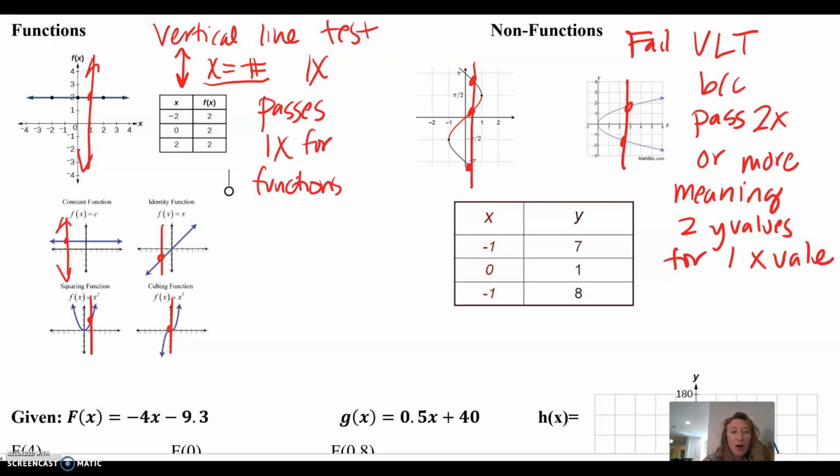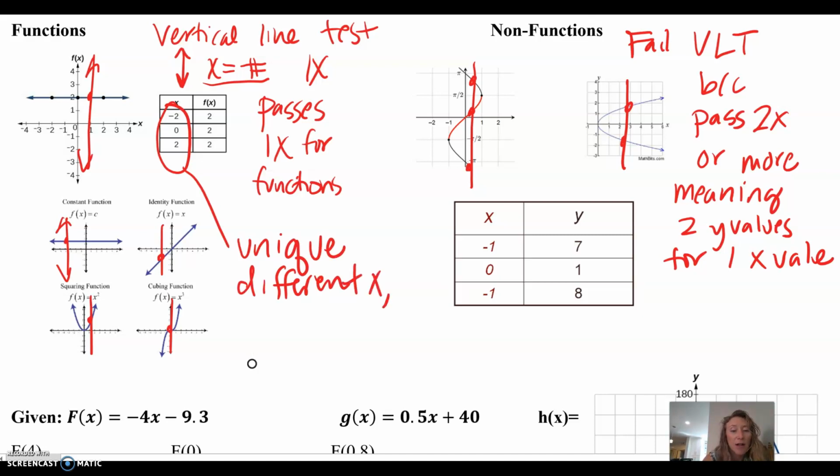How else can we tell? By looking at our table of values, what we're looking for are unique or different x's. Another way of saying that is no repeats. If there are no repeats, it's a function. Looking here, I have x repeated 2 times, so this is a fail.